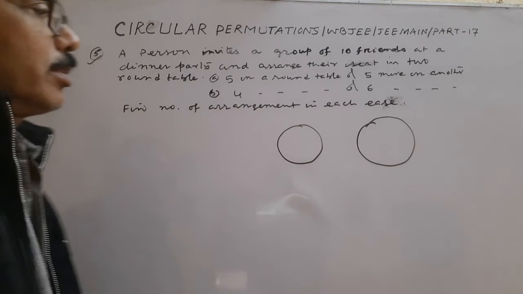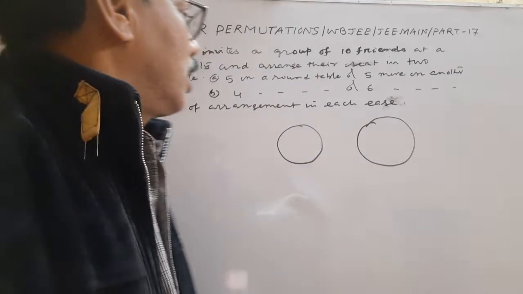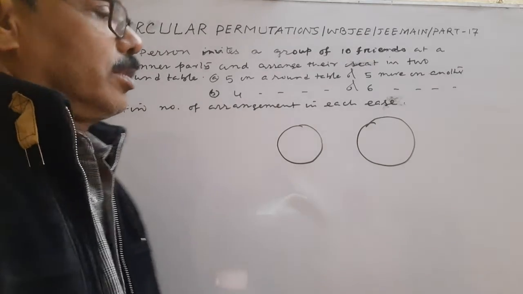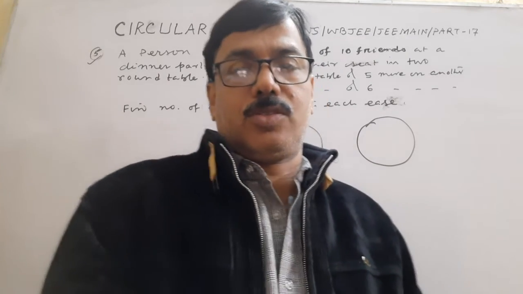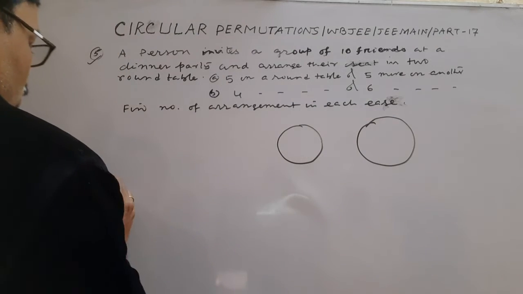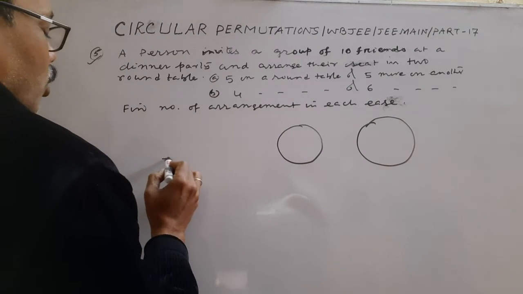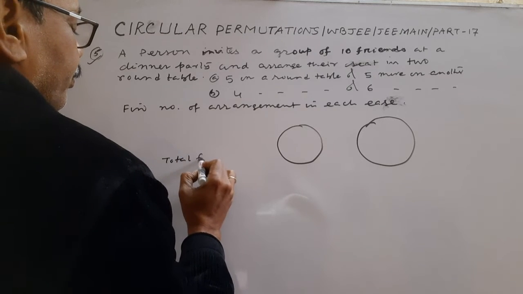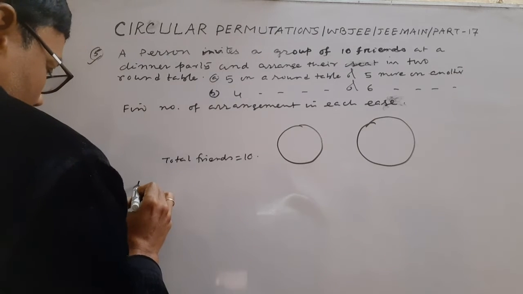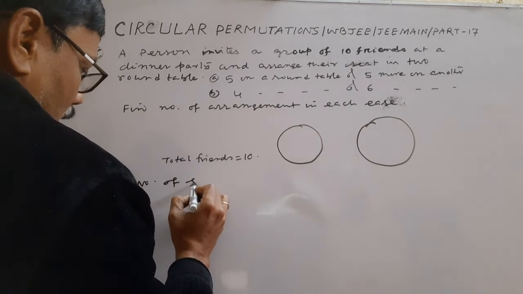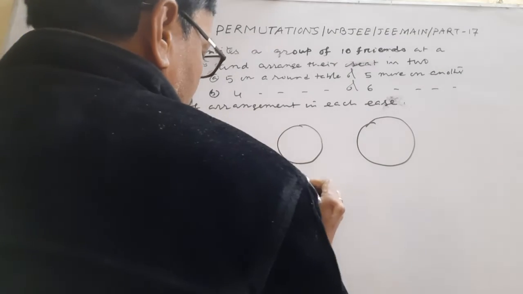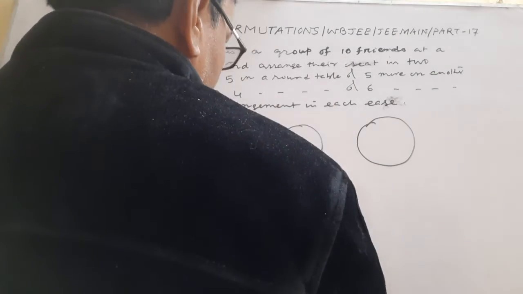This is a question of selection at first. First we have to select from the 10 friends, then we have to arrange. So look, total friends 10. Considering A, number of selections out of 10: first one, 10C5.